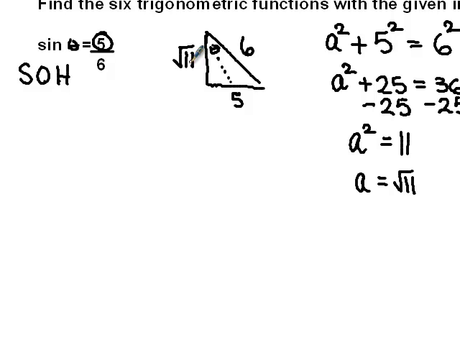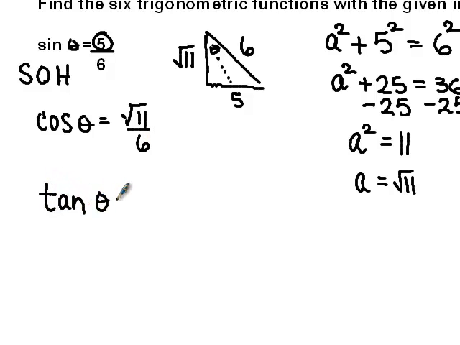Okay, so now that we have all sides, we can do the cosine. Remember, this is CAH, so adjacent, which is the square root of 11, over the hypotenuse. And now we can do tangent. TOA means opposite over adjacent, so the opposite would be 5 over the adjacent.